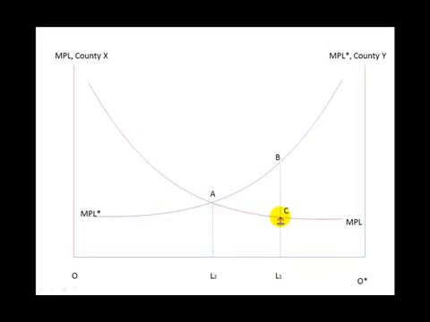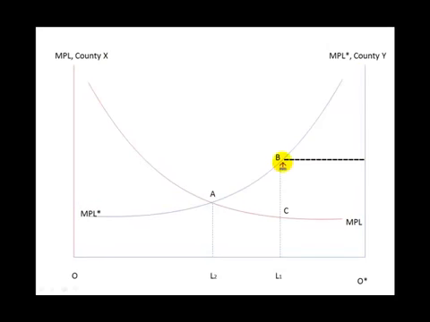So look at point C. This would be the marginal product of labour for country X. And point B will be the marginal product of labour for country Y. And you can see here that workers in country X earn less than workers in country Y. So there's that gap.